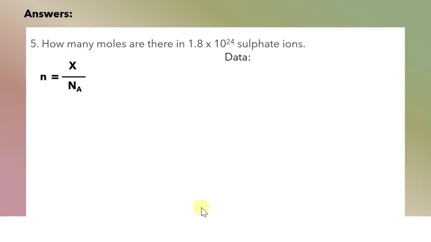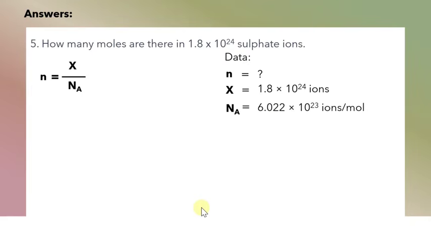For the data, they've asked how many moles, so we want moles, which is N, question mark. Then X, they've given us 1.8 times 10 to the power 24 ions, because those are elementary particles. Then Avogadro's constant is 6.022 times 10 to the power 23 ions per mole.